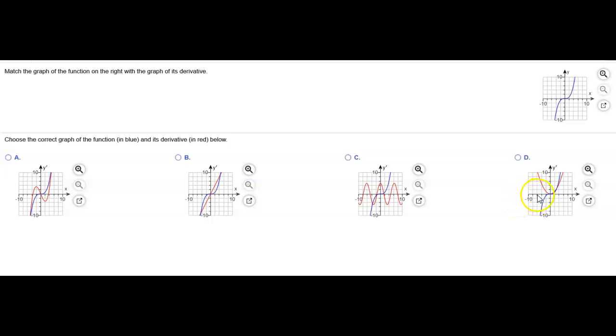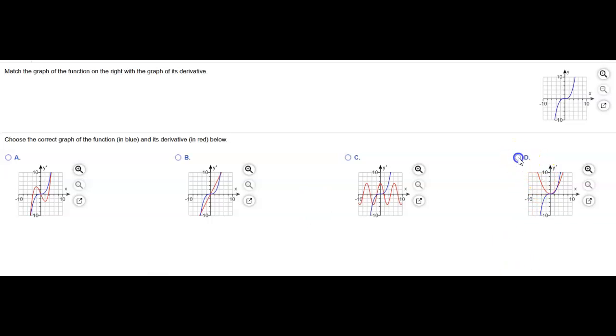So looking over here, negative 4 should still give me a positive 5, which it does over here. But over here it gives me a negative 5. That would be a negative slope. That would be as if this came up as a parabola. Then it would be a negative slope because it would be going from upper left to lower right. So now I can tell that this graph here is going to correspond with, which one?